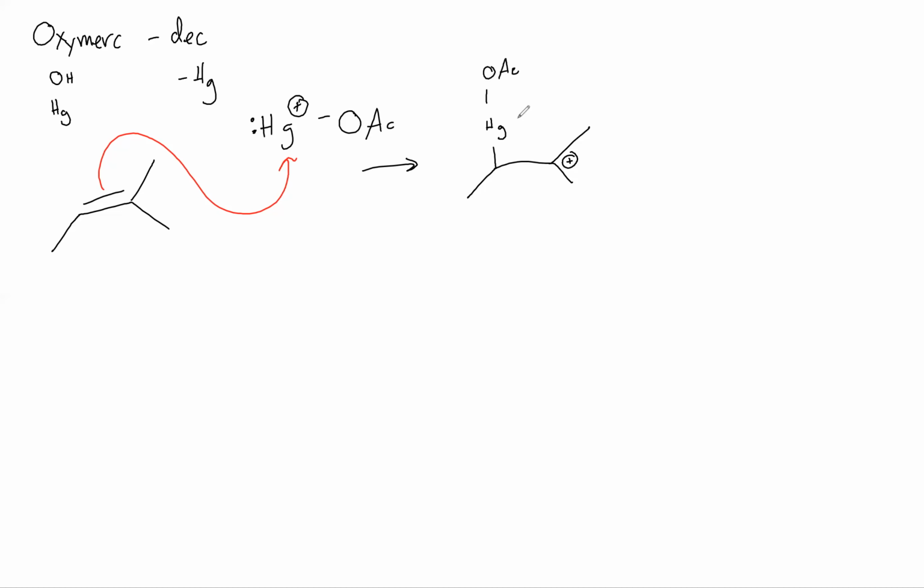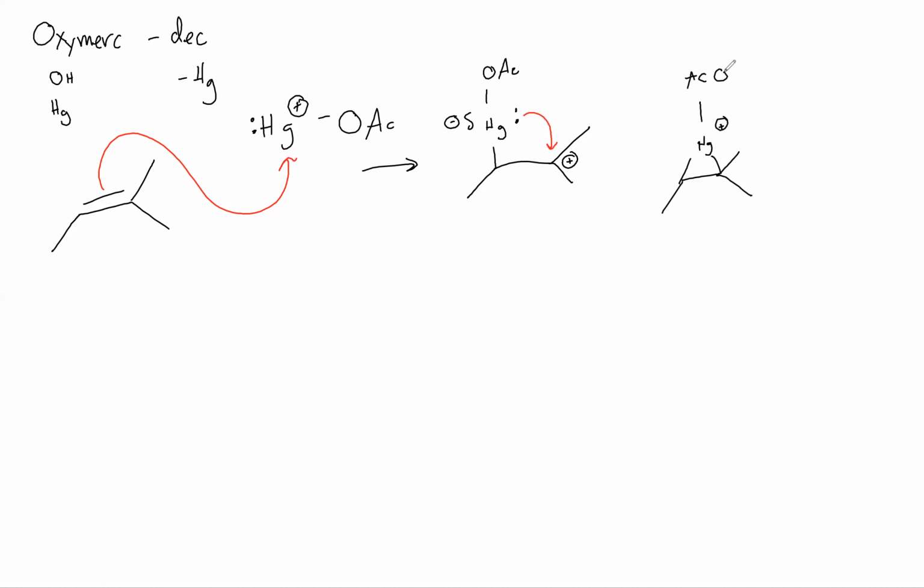And so what's important to note here is that Hg is going to be partially negative. Since Hg is partially negative, it's going to attract that positive charge in a very similar fashion to our bridged halonium ion intermediate. So we're going to make a bridged mercuric ion intermediate plus AcO.